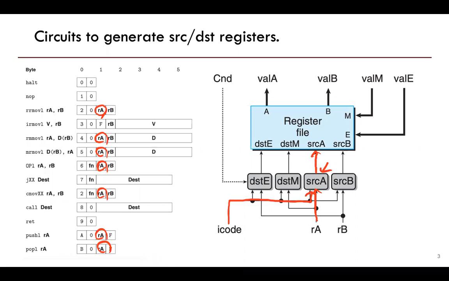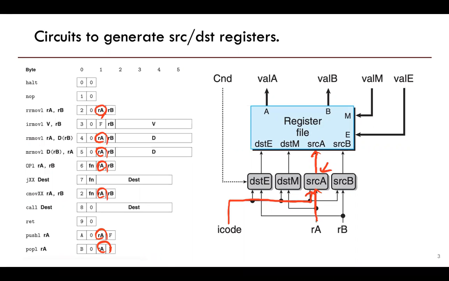What about the RMR move instruction? Actually RA is the destination, so we don't have to read this RA register for this instruction. And also the OPI instruction needs to read the RA register, right? RA is the source, and so on.